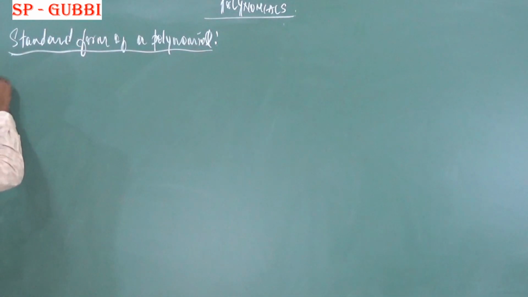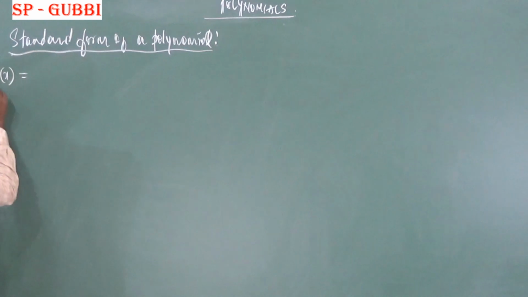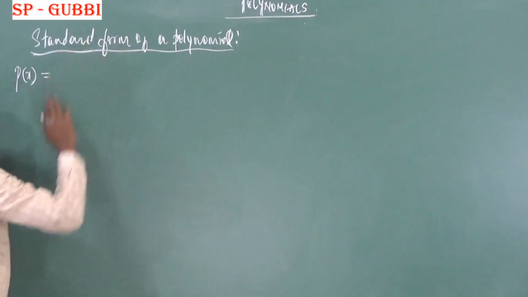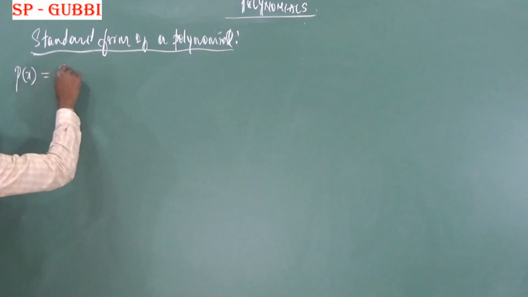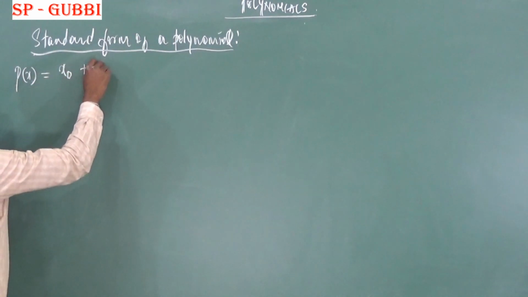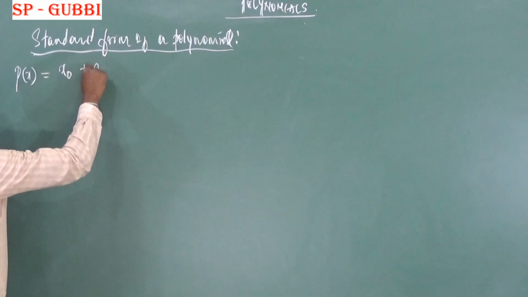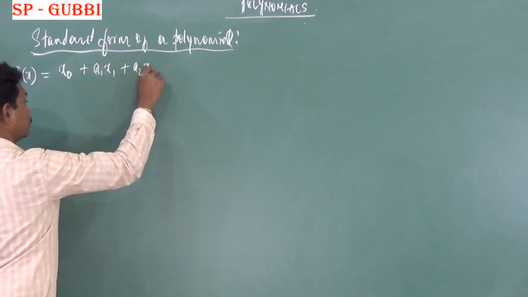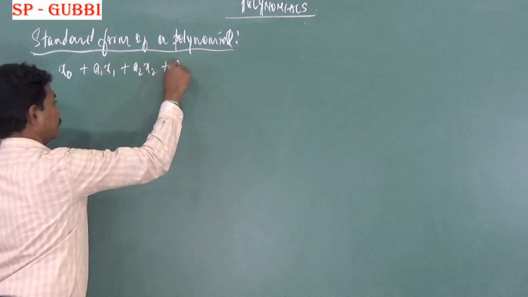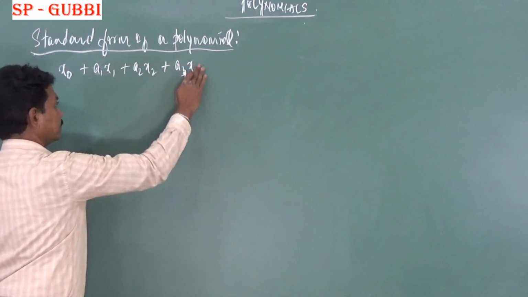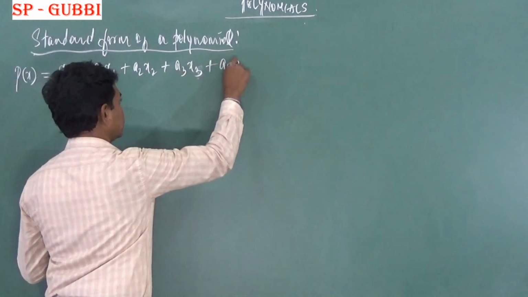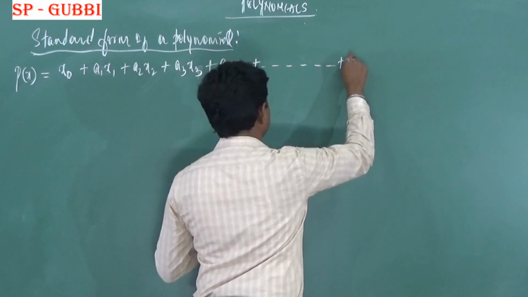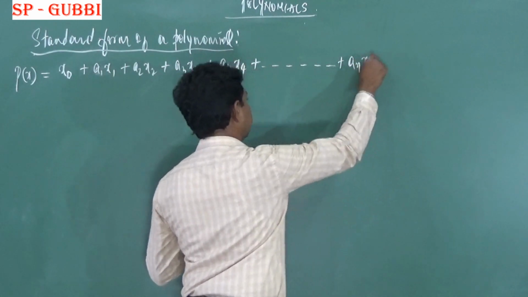So here, p of x is equal to, p is the name of the polynomial I am going to write, and x is the variable involved in the polynomial. a0 x to the 0 plus a1 x to the 1 plus a2 x squared plus a3 x cubed plus a4 x to the 4 plus dot dot dot plus an x to the n.